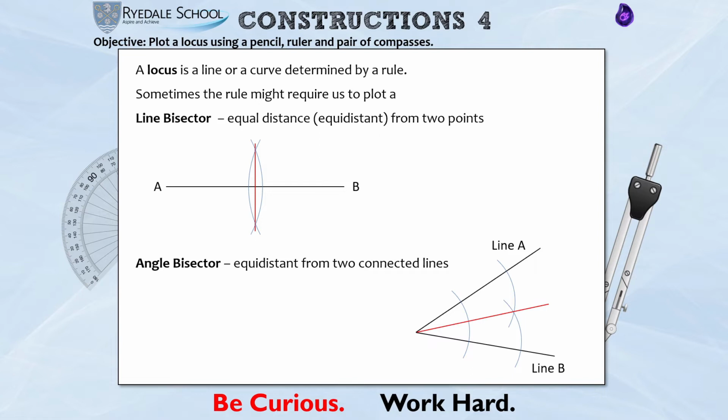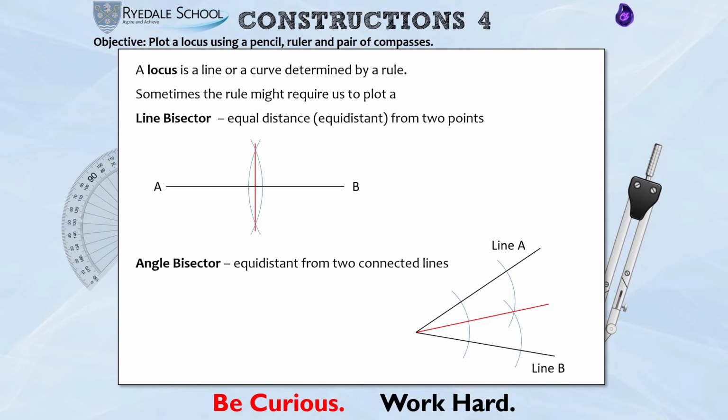So for example, with a line bisector, I'm also going to refer to this as an equal distance from 2 points, and I'll explain what that means in a moment, but you might also see the word equidistant, which basically means equal distance.